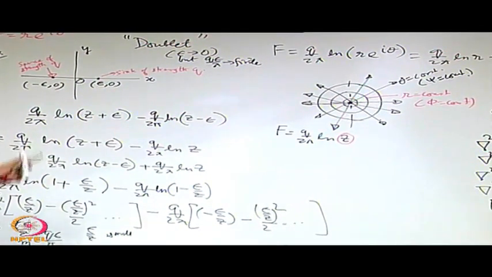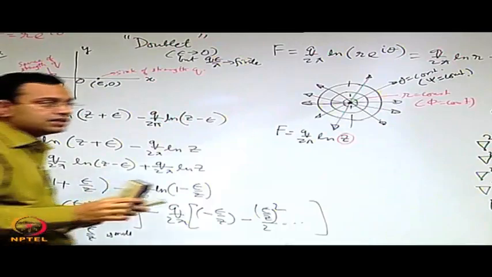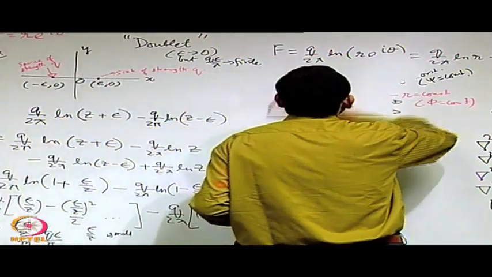So let us try to make a sketch of, or try to identify what should be the corresponding natures of the streamlines and the equipotential lines for a doublet.